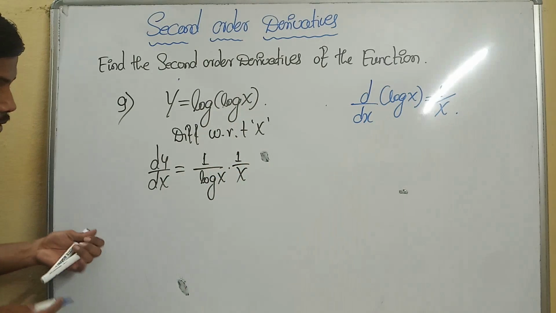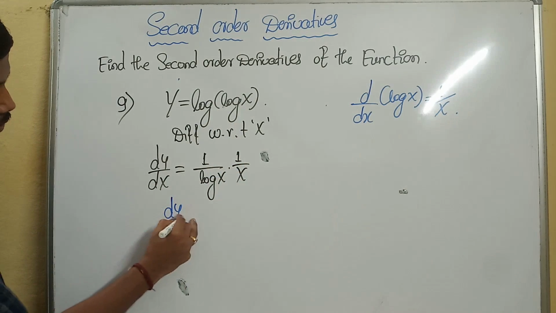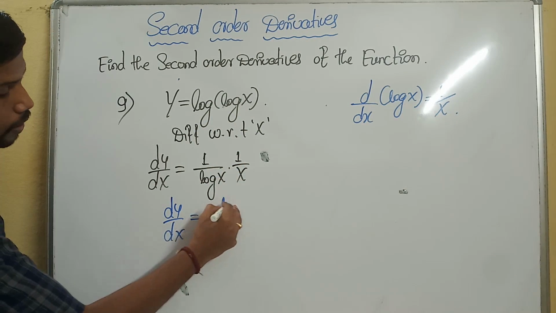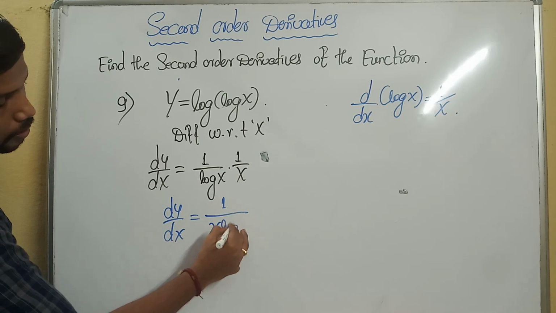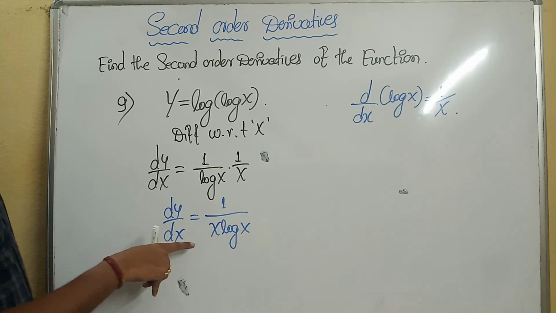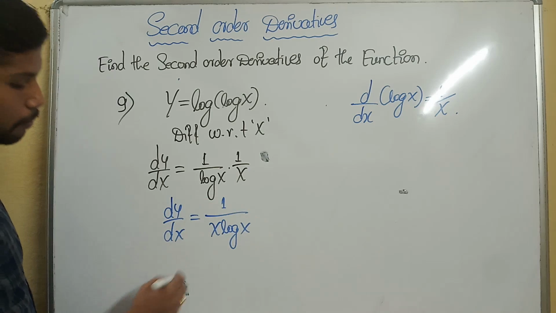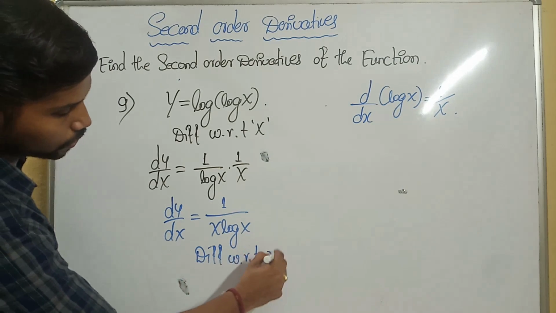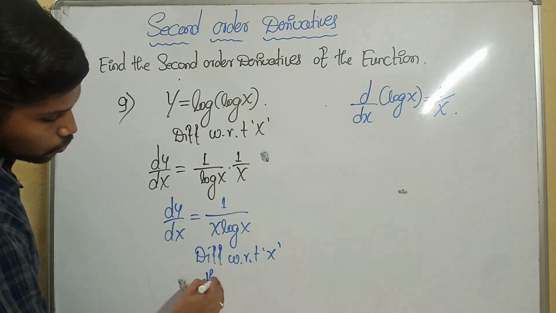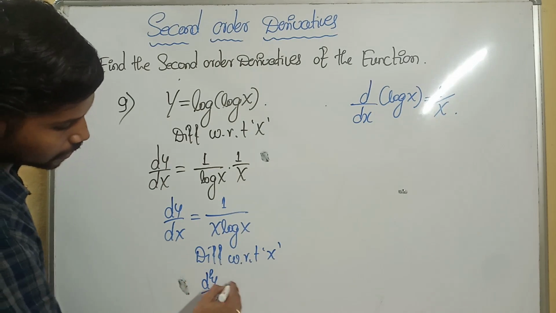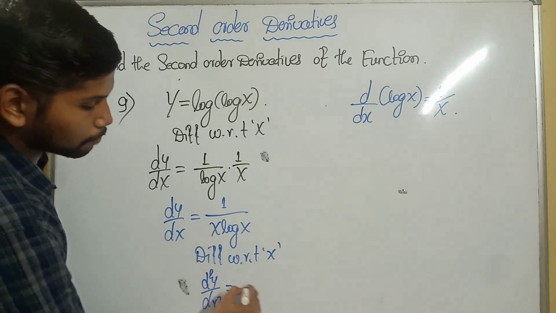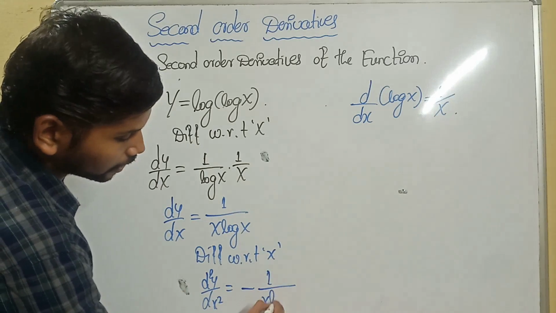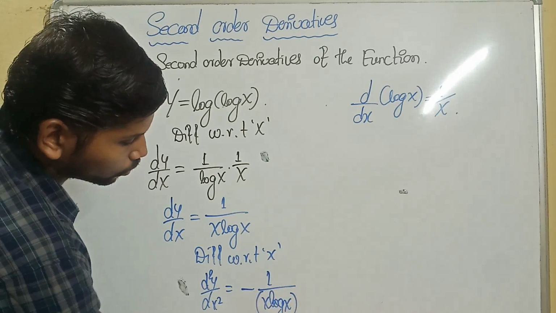Means I got the first derivative dy by dx as 1 divided by x log x. Okay, you can take 1 by x format. What is a 1 by x format derivative? I'll explain. Differentiating with respect to x, d square y by dx square is equal to minus 1 divided by x log x whole square.